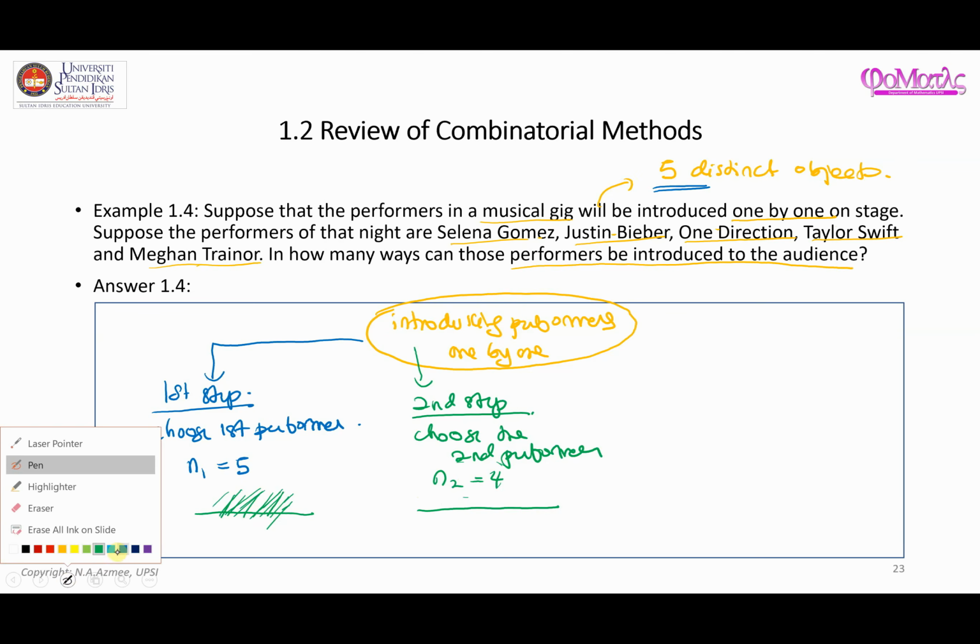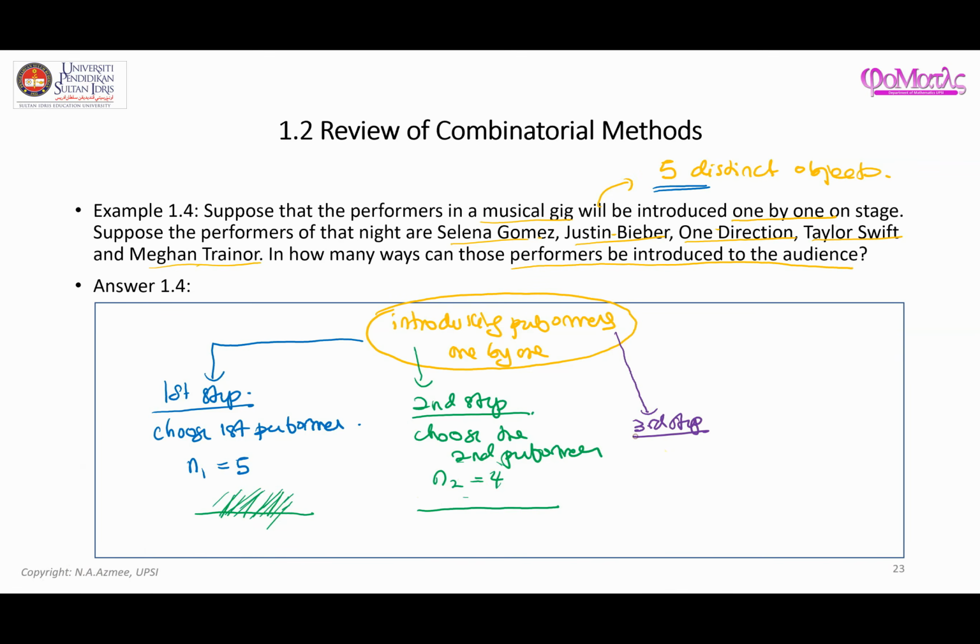Next is the third step. The third step is to choose the third performer, and following the same idea, we know that this space is already filled up, this space is already filled up, so 2 performers have already been decided, therefore the number of ways you have here is going to be equal to 3.